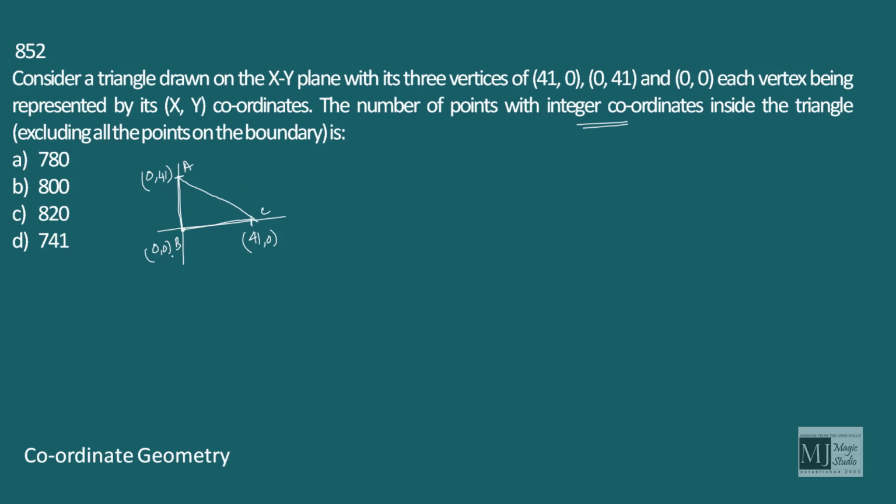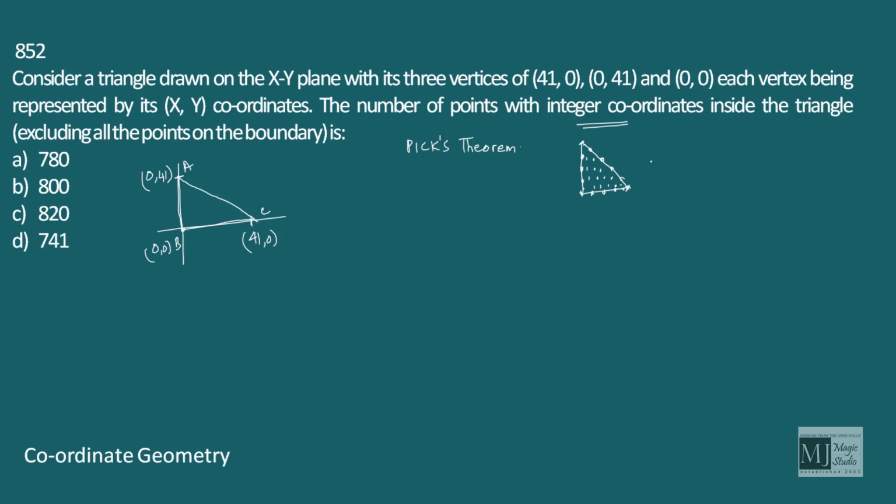Now, very easily we can solve this using Pick's theorem. If we have a polygon or a bounded figure, then there would be integer points on the boundaries and there would be integer points inside the bounded figure.